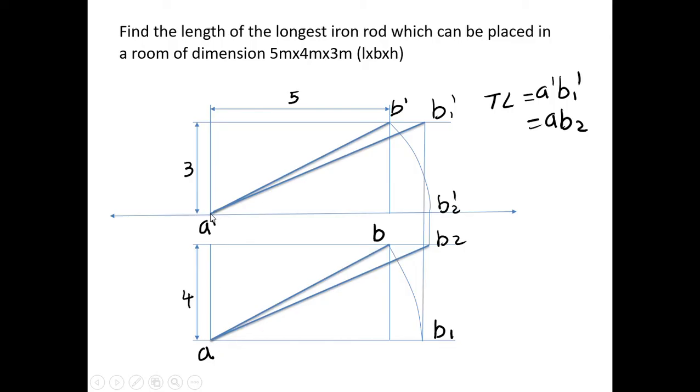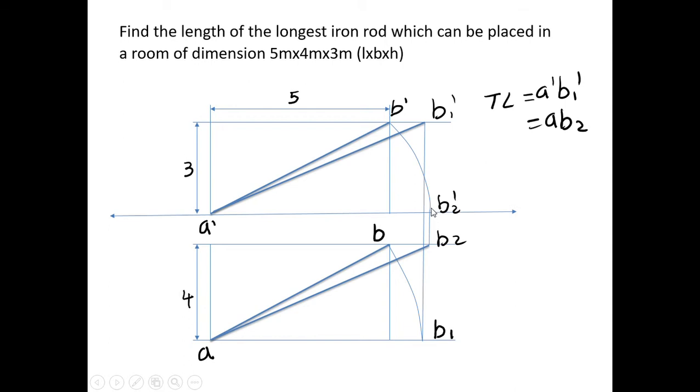Front view is a line connecting this corner to that corner, and top view will be a line connecting this corner and this corner. So you got the front view A dash B dash and the top view AB. Now as in the line rotation method, with A dash as center and A dash B dash as radius, you draw an arc to meet the locus of A dash, that is the point B2 dash.